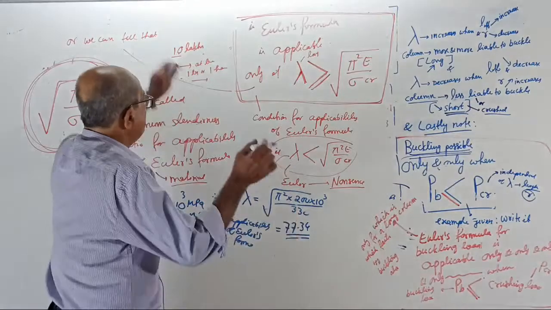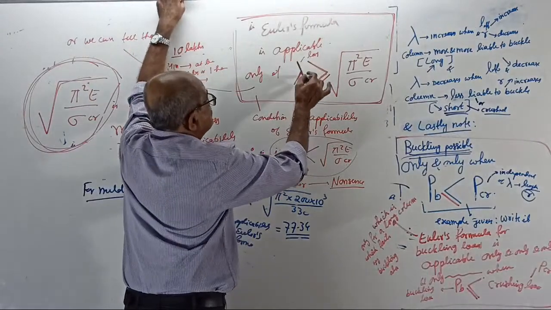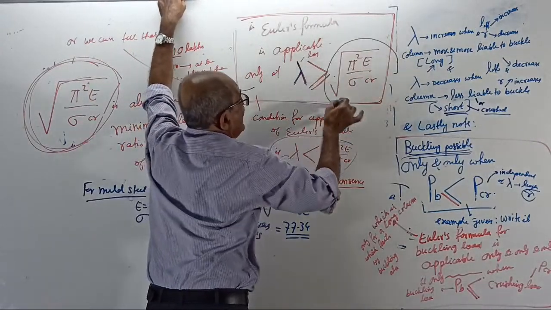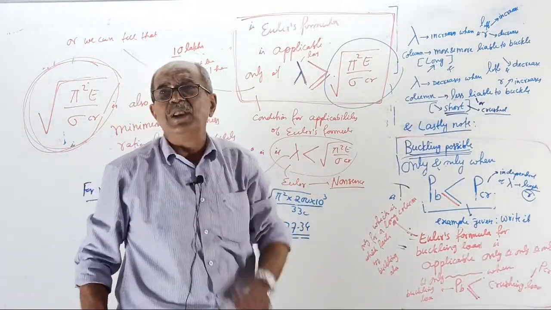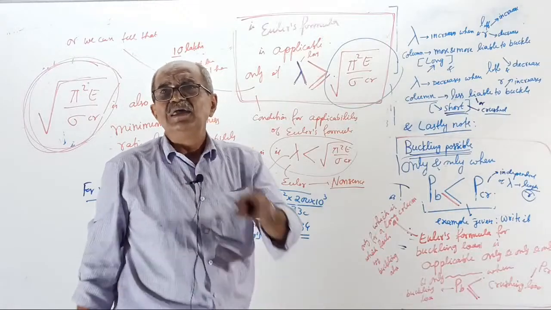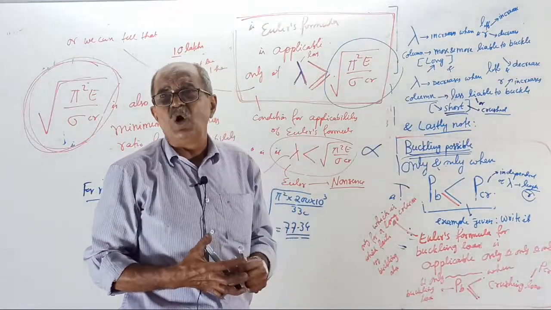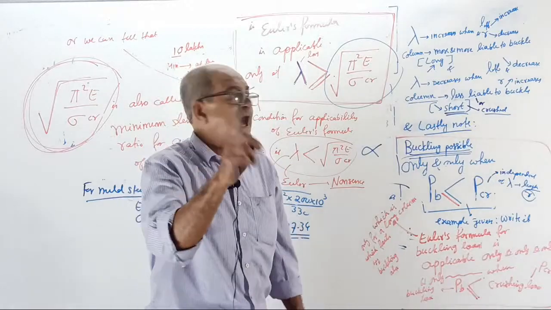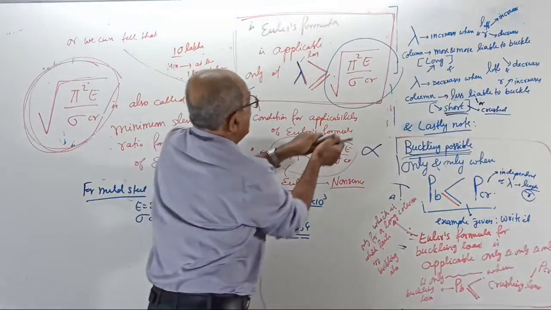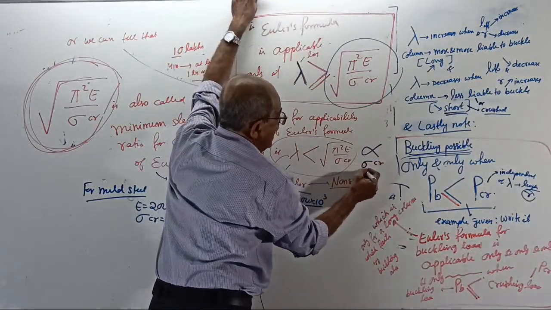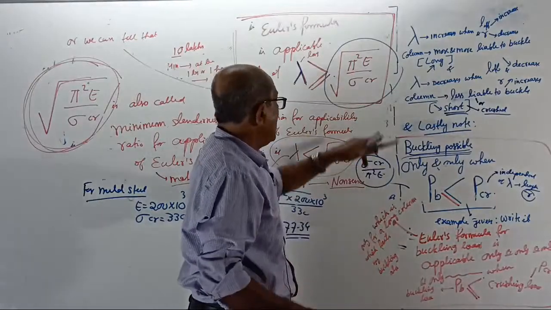So remember, you can apply Euler's formula only when your slenderness ratio is either equal to or more than this number. And tomorrow, when you go to Rankine's formula, a constant alpha will come, which is called Rankine's material constant. That value is the reciprocal of this value without the root, that is, alpha is sigma CR by pi square E. Warning for you: if you know one of them, the other comes.